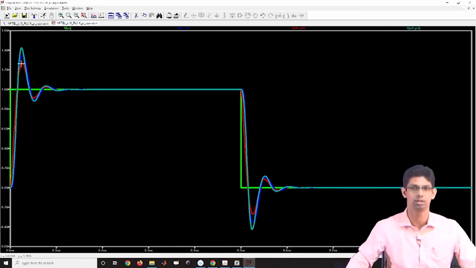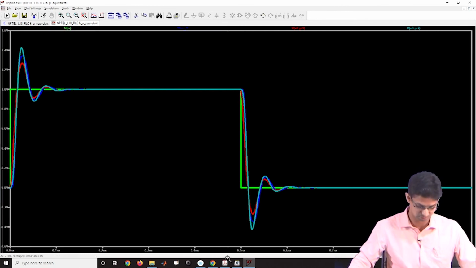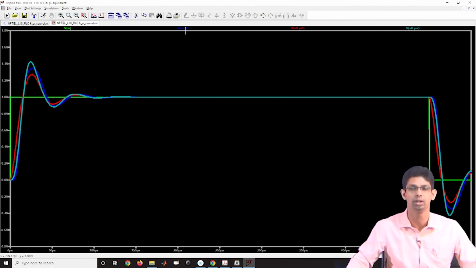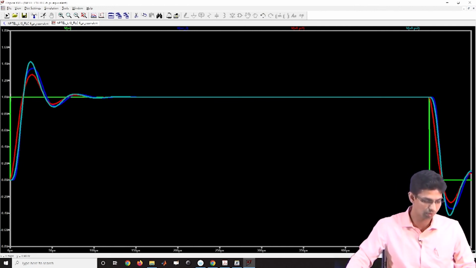And then if I look at this plot and zoom in, I can see that this red one is my pi 1 and this sky color is my pi 2, this dark blue is my 5 segment distributed interconnect. So here we can see if we are interested in overall delay, I mean how long it takes to reach 1 volt, even the pi 1 model is a good enough estimation.